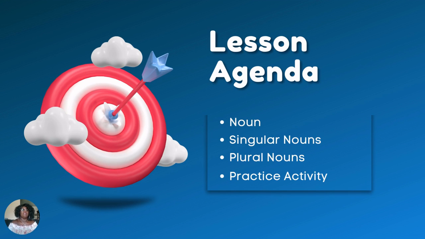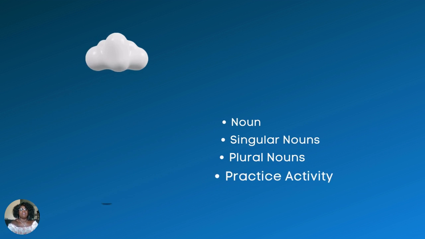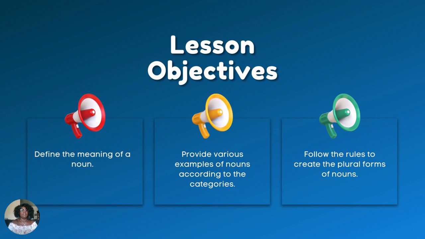Lesson agenda. In this lesson, we're going to be learning about nouns, singular nouns, plural nouns, and have a practice activity so we can put to practice what we learned today. Lesson objective.